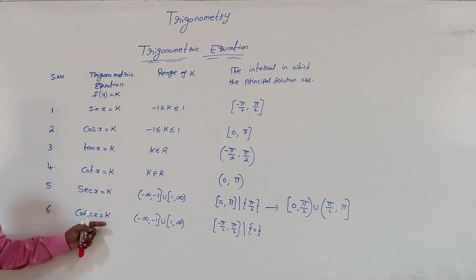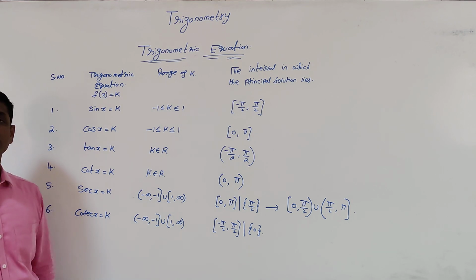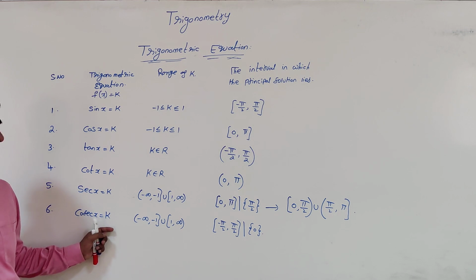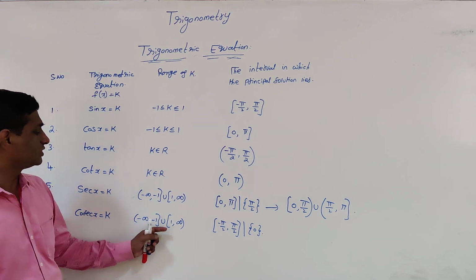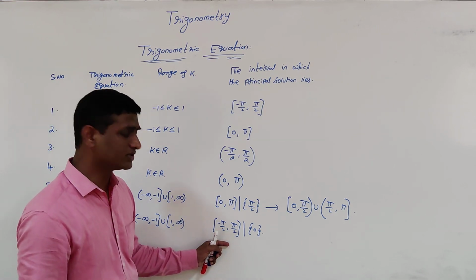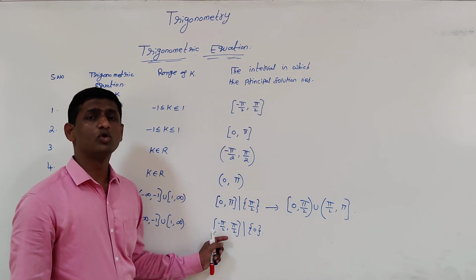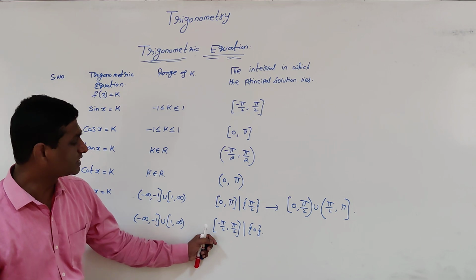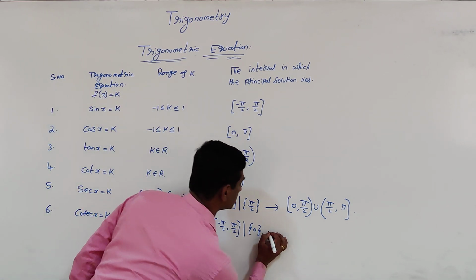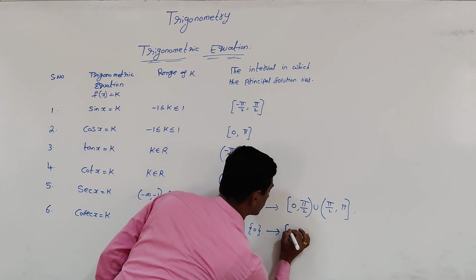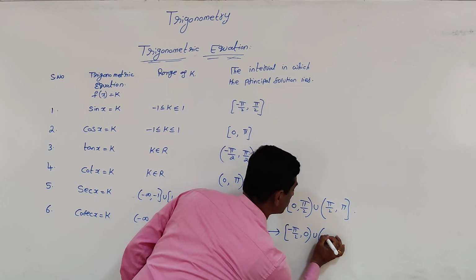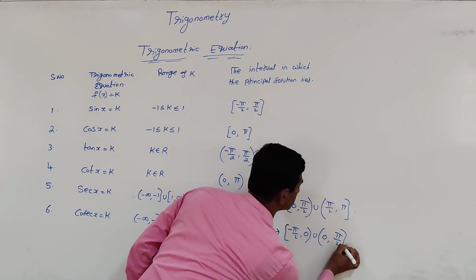Similarly, for cosecant x is equal to k, the range of cosecant x is minus infinity to minus 1 union 1 to infinity, and the principal solution should lie in the half closed interval minus pi by 2 comma pi by 2 except 0, or we can write it as half closed minus pi by 2 comma 0 union 0 comma pi by 2 closed.